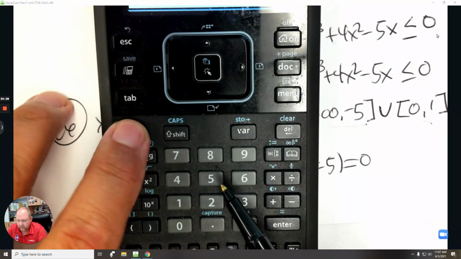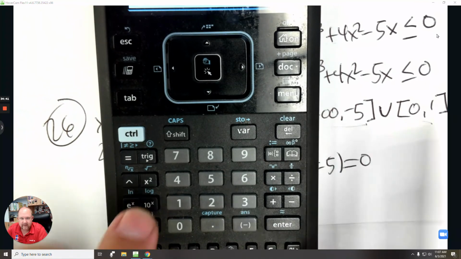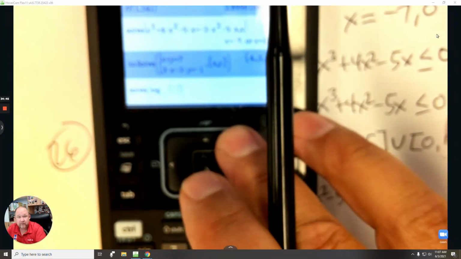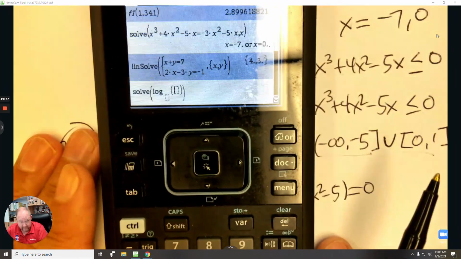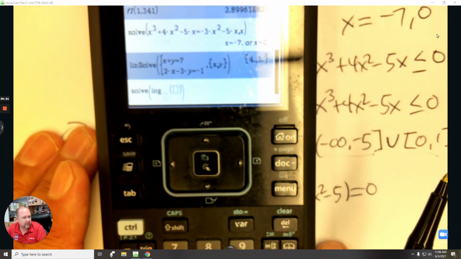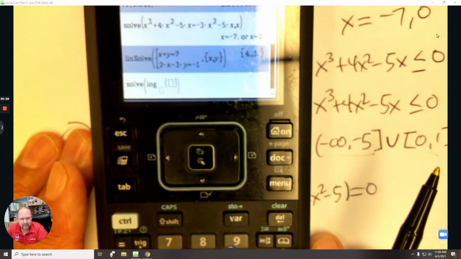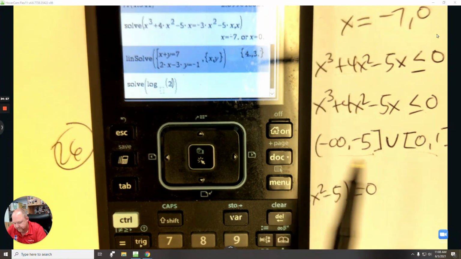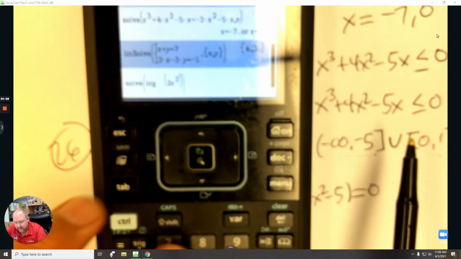So press Control and 10 to the x so that you can see log there. The base is empty, so we don't need a number for the base. The base is 10 when it's empty, but we don't need to put the number 10 in there. We can just leave it empty, the base. And then inside the parentheses is 2x squared, subtract 5.